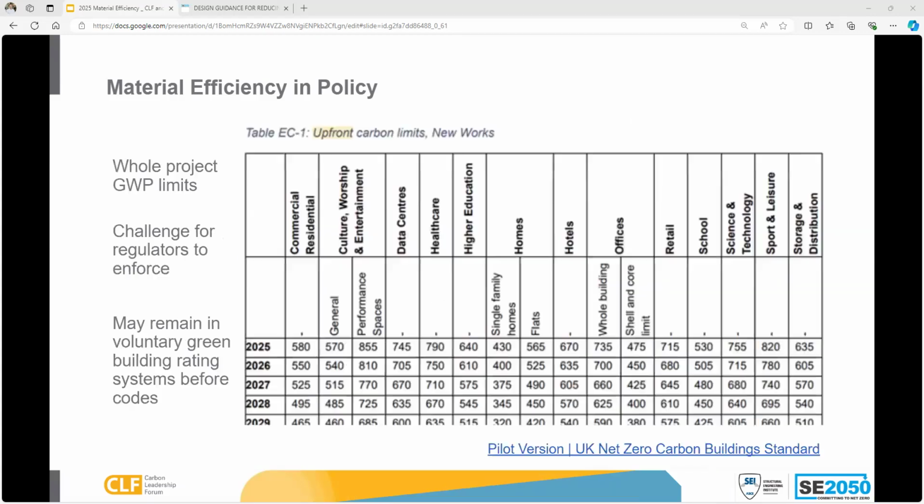So next, an example of that is the UK Net Zero Building Standard that's just in draft or pilot right now, introducing to their region this idea of, can we start to set some project carbon intensity limits, and then ratchet those down year by year until we get to zero by 2050.